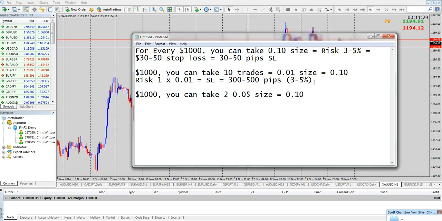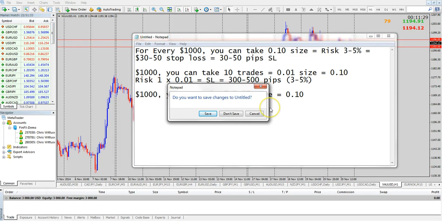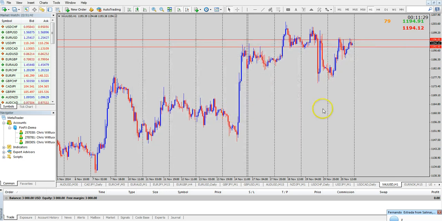Good. If you just follow this rule, you won't blow your account. You can manage losses. And if you take 10 trades, every third or fourth trade that you take will be a victory for you.